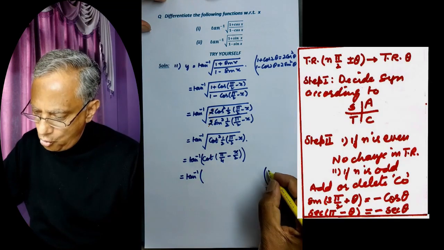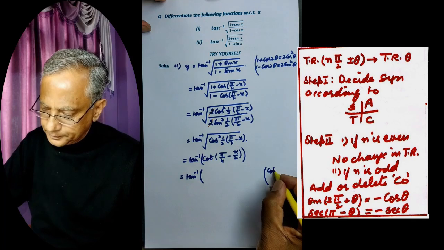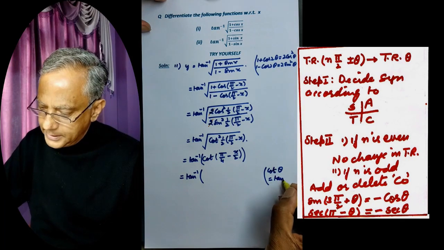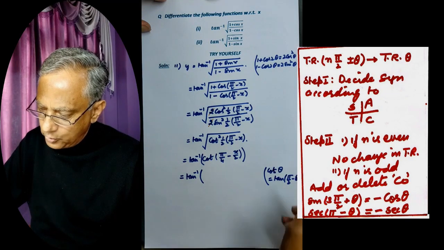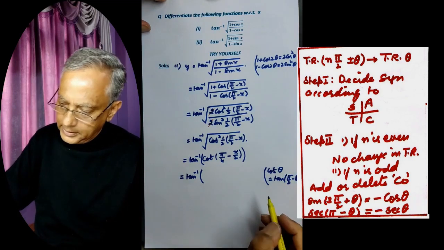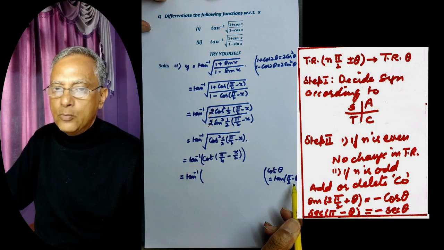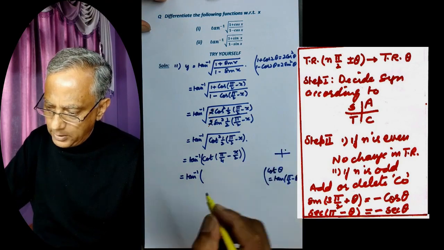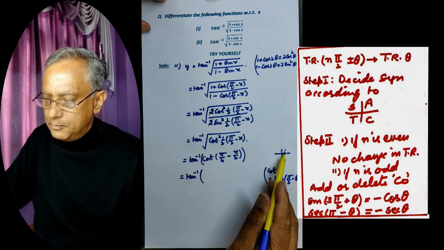Now we know cotangent of theta is equal to tangent of pi by 2 minus theta, because pi by 2 minus theta lies in first quadrant, therefore tangent is positive.